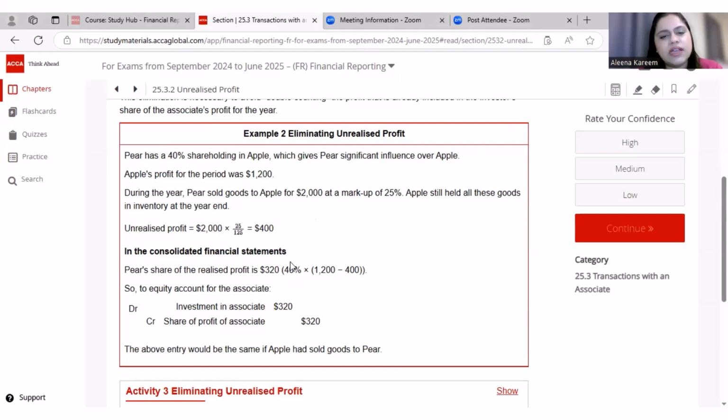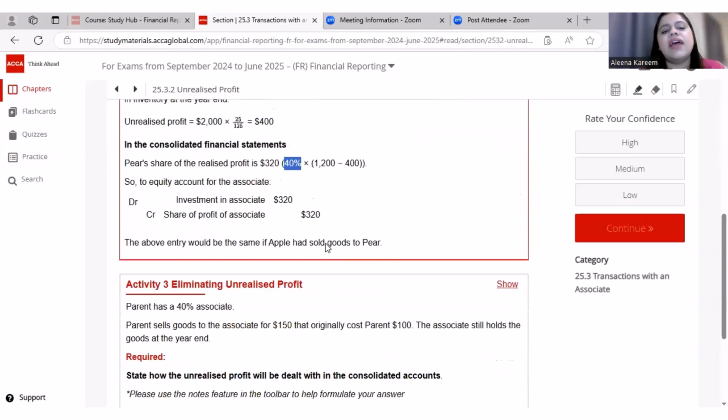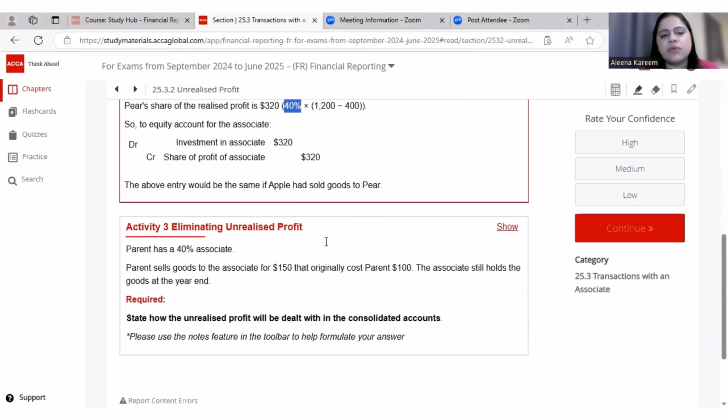Or like the approach that has been taken over here, that from profit, first of all, the complete unrealized profit was subtracted and then the 40% was applied. That will give the value per share of the realized profit, and that is now going to be included in the financial statements. So this was a very important area that I wanted to share with you.